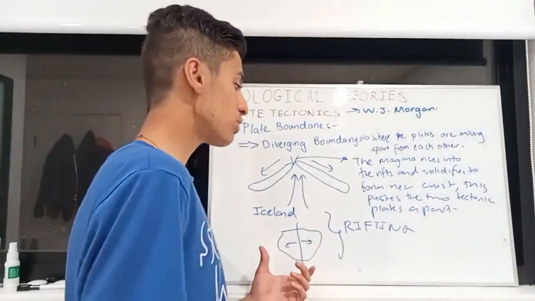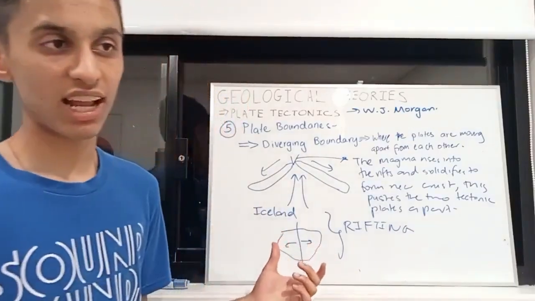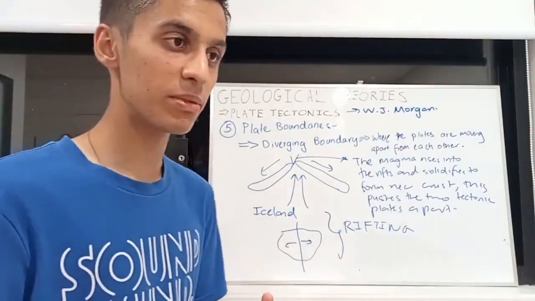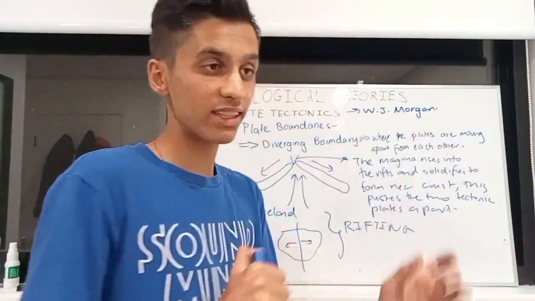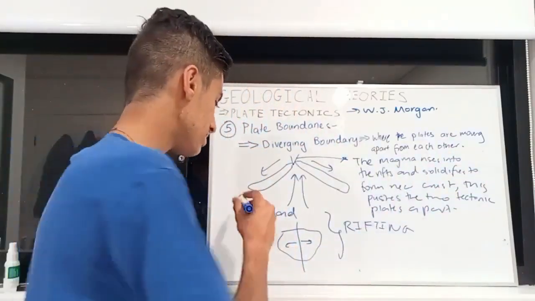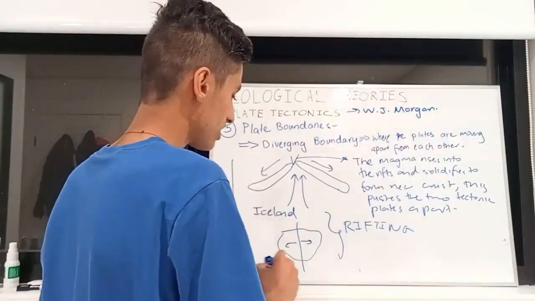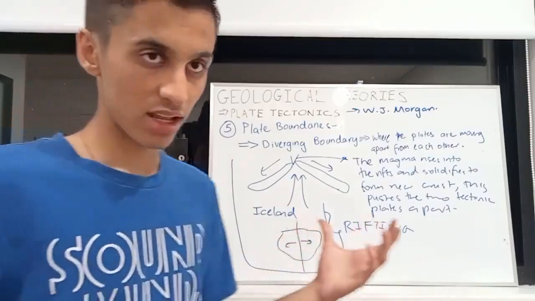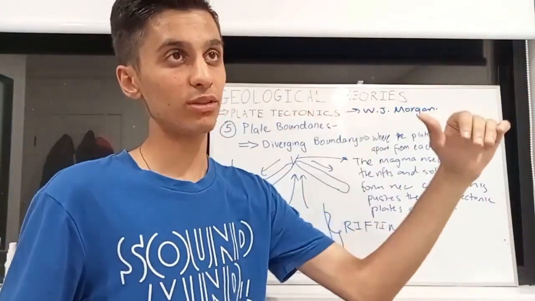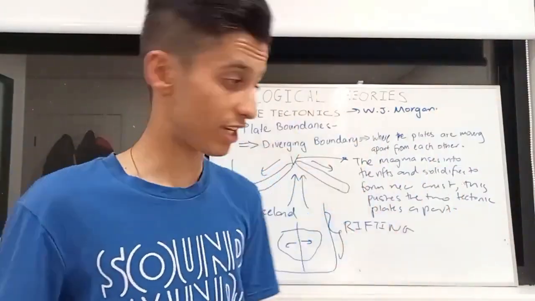If you also look at the African and Arabian plate, they are spreading apart to create the Red Sea. Iceland is just an example of what happens if there's a mid-oceanic ridge on top of continental crust.